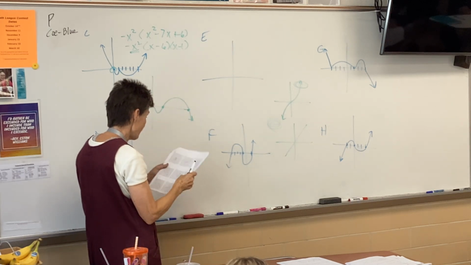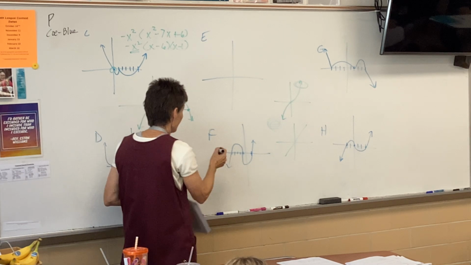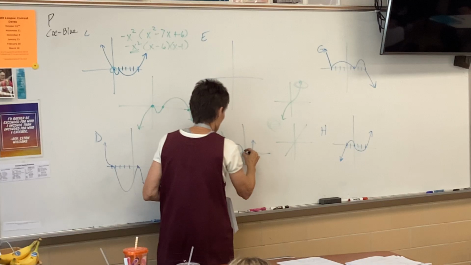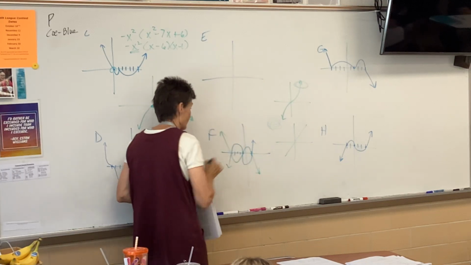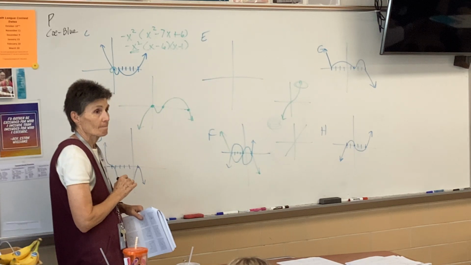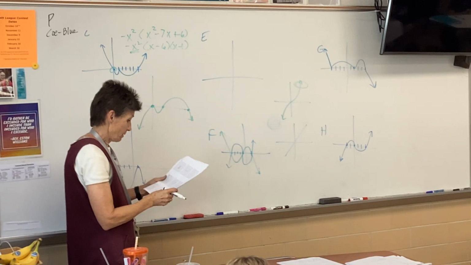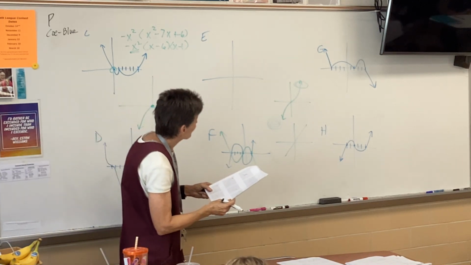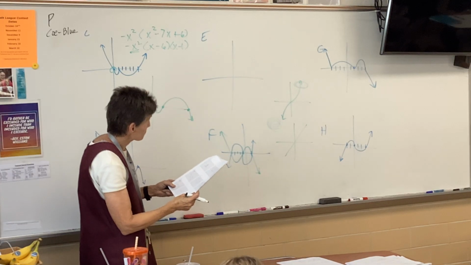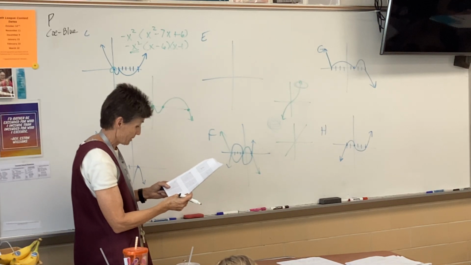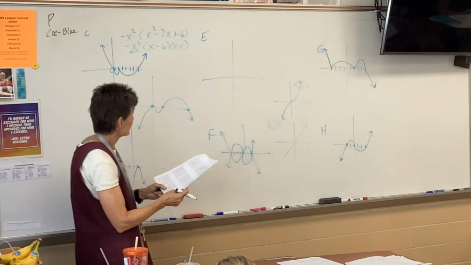So F has a negative in front of it, so I think it should actually look like this. That okay? What about G? My G looks like that. And my H looks like that.